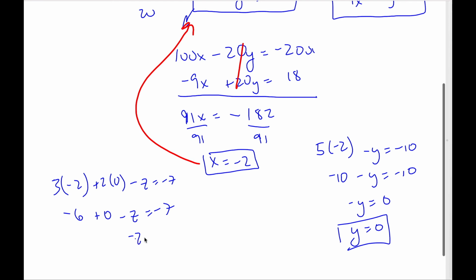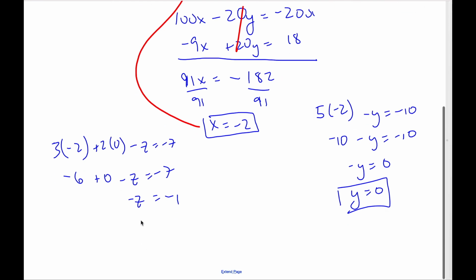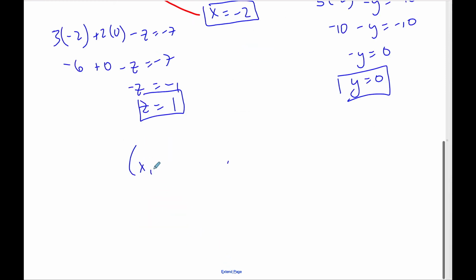Add the 6 over, and that will give me a negative 1, and so z is equal to positive 1. And so good communication at the end says x comma y comma z is equal to negative 2, 0, 1.